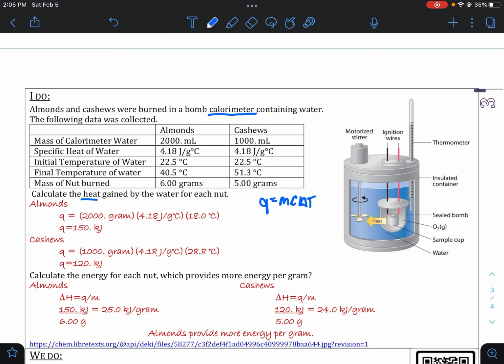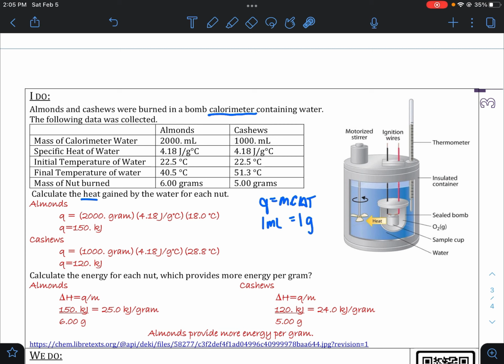One other thing that might not be obvious is that 1 milliliter is equal to 1 gram, at least for water. We can talk more about that conversion later if you'd like, but just trust me on this one for right now. It's 1 mil equals 1 gram.